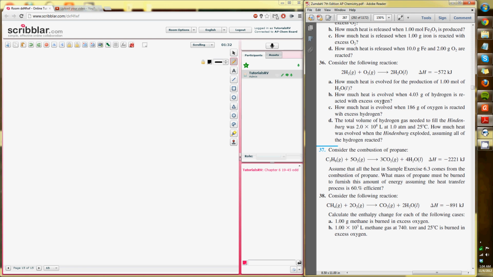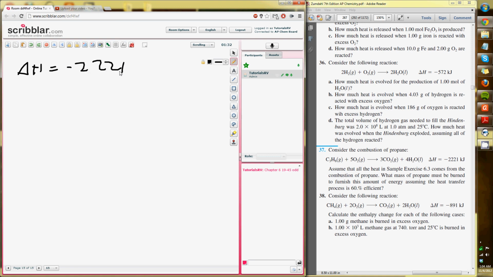It just sounds kind of confusing. So balanced equation, delta H equals negative 2221 kilojoules.